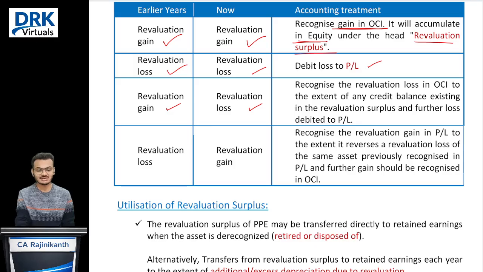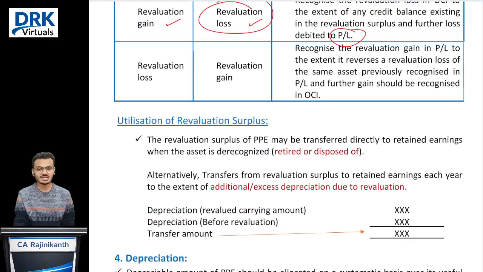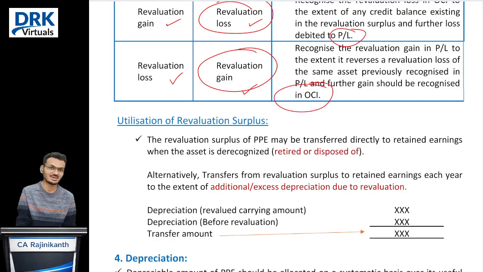So the standard is saying recognize this loss in OCI to the extent of the balance available, and the remaining loss, if any, you recognize in P&L. Previously it was a loss, now it is a gain. So the standard is saying recognize this gain in P&L to the extent of the previous loss, and the remaining gain, if any, you can recognize in OCI. So that is what the standard is saying.